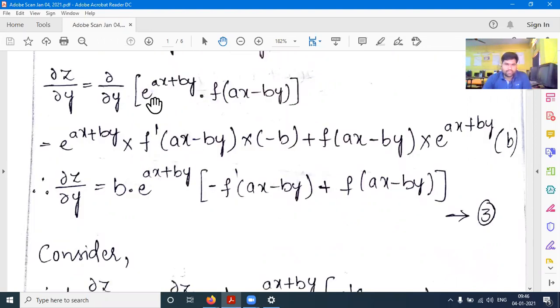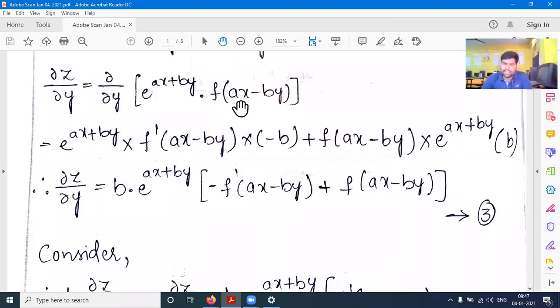So u is e power ax plus by into the derivative of f, which is f dash of ax minus by, into the differentiation of ax minus by with respect to y.